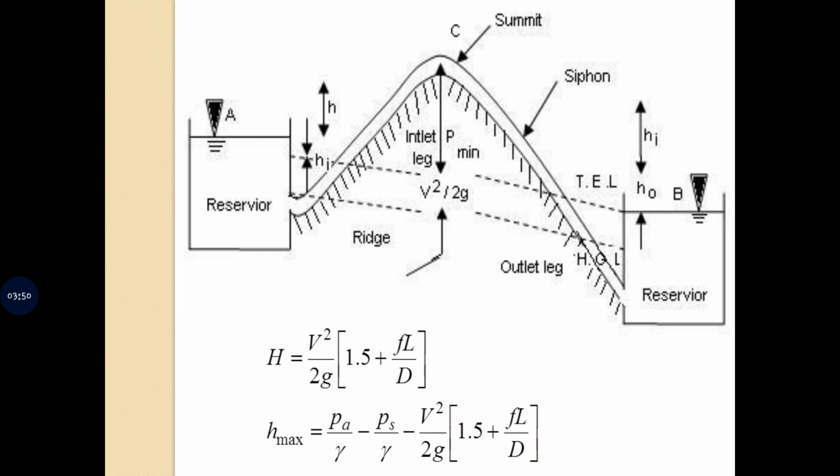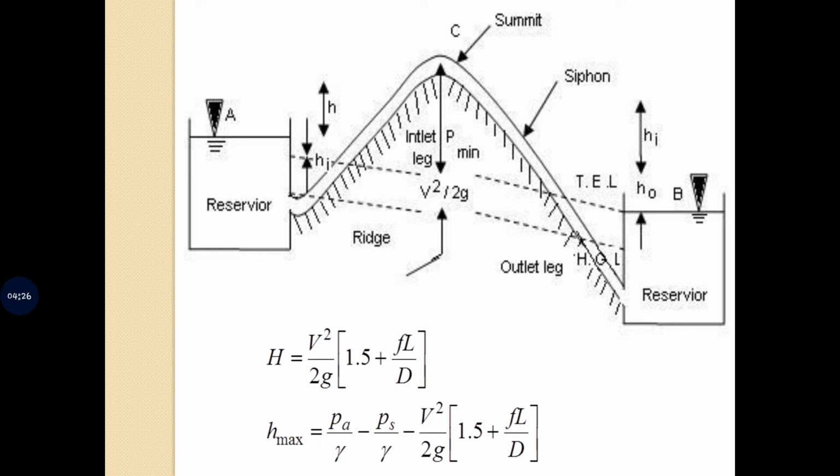Next, to determine the pressure at the summit point, we need to apply Bernoulli's equation between section A and section C, that is at the reservoir level and at the summit level. If we apply Bernoulli's equation at A and C, pressure at A is equal to 0, velocity at A is equal to 0, and velocity at summit, Vc, will be represented as velocity V, which is to be determined.